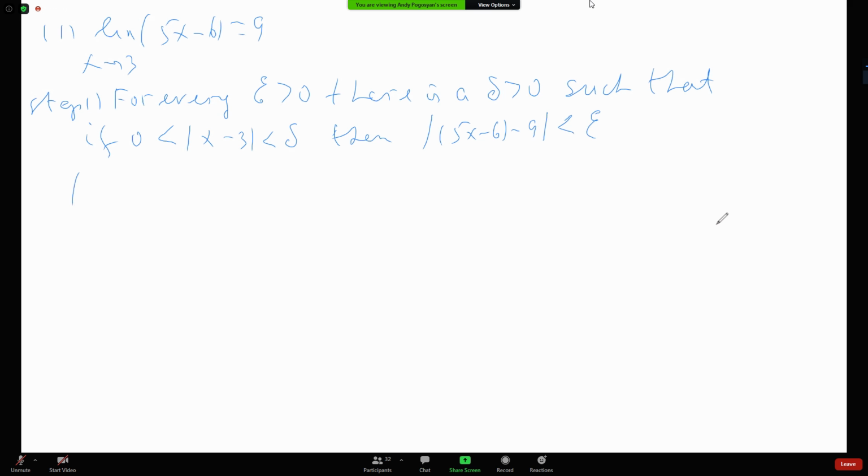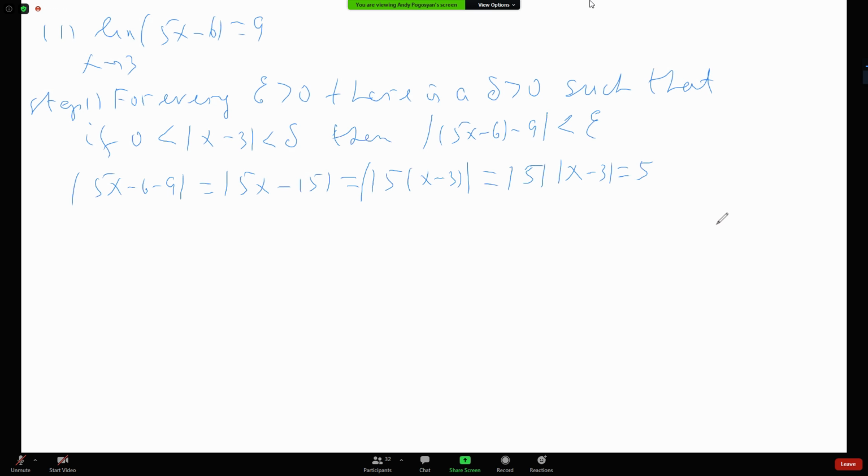So 5x minus 6 minus 9 is 5x minus 15, which is 5 times x minus 3. This is 15, not 15, sorry. The absolute value of 5 times the absolute value of x minus 3.